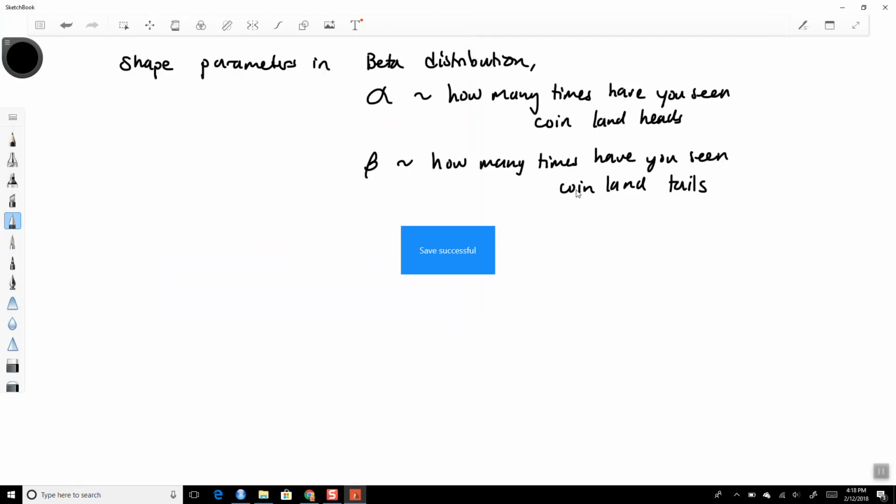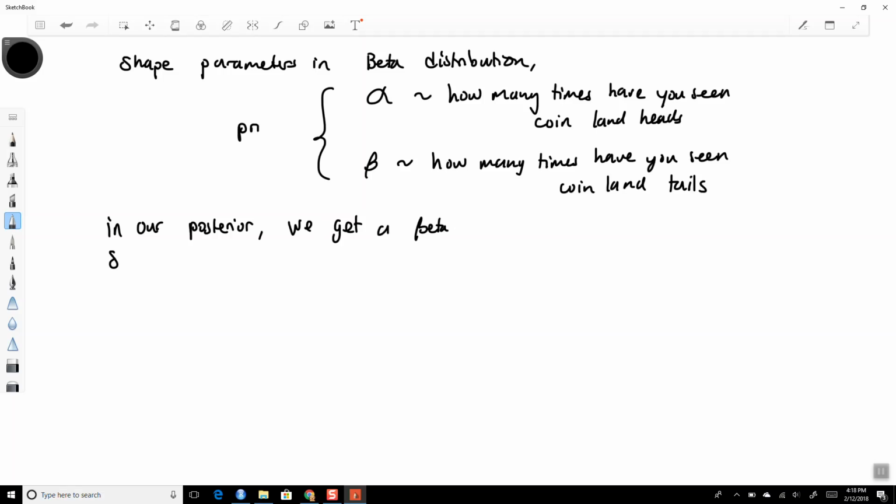Okay, and then in our posterior, so this is our prior, we get a beta distribution with shape parameters delta and gamma.